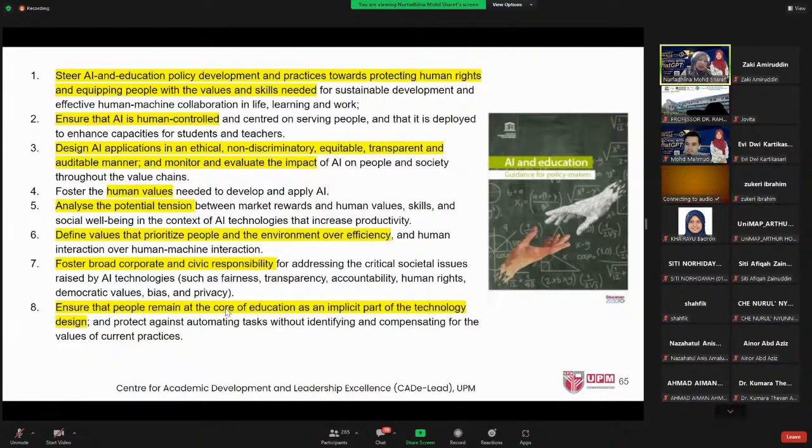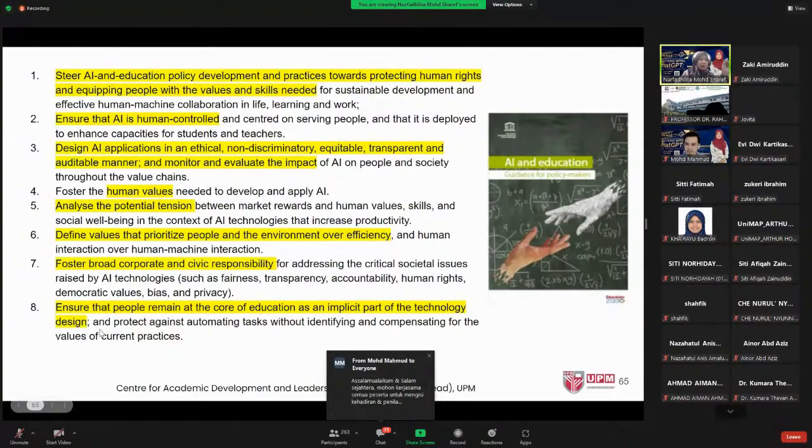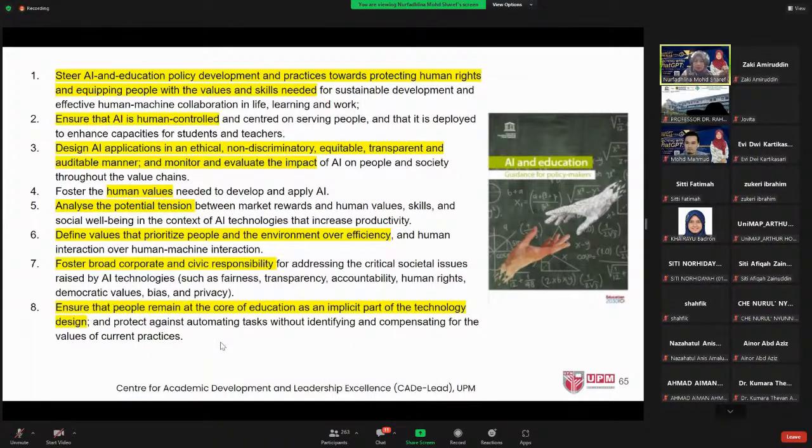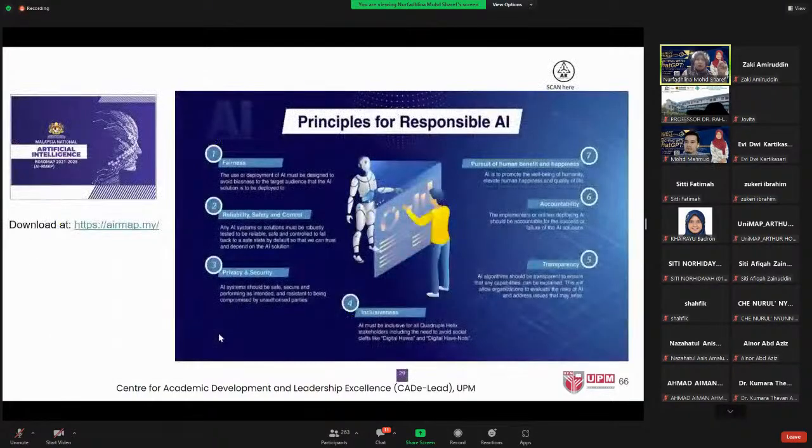If you go through all 8 principles, it is actually to emphasize the values of human-based AI, to highlight that AI should be human controlled, should be ethical, non-discriminatory, equitable, transparent, and auditable, and should have values that prioritize people, should foster broad corporate and civic responsibility when you are releasing AI technology, and to ensure, number 8 is very important, that people remain at the core of education as an implicit part of the technology design, and to protect against automating tasks without identifying and compensating for the values of current practices.